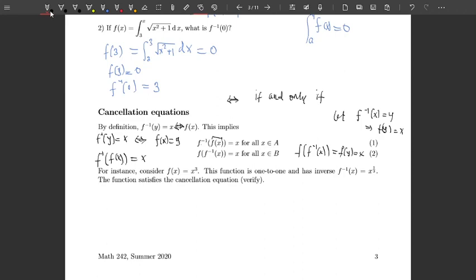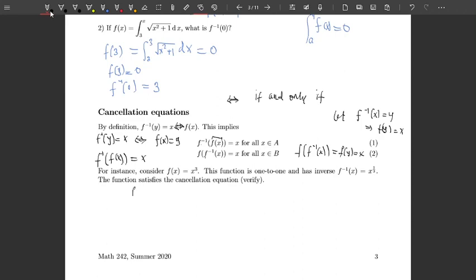So that's why we have this at this point. Now remember, f inverse takes value from B, which is the domain of the inverse function and the range of the function itself. Now, let's verify how this cancellation equation works.